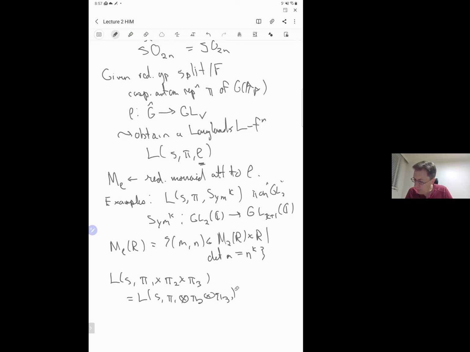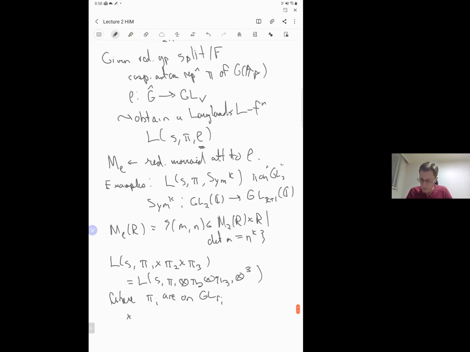This is like a three-copy Rankin-Selberg, if you've heard of the Rankin-Selberg L-function before, where the pi_i are on GL_{R_i}, and the tensor cubed is GL_{R_1}(C) cross GL_{R_2}(C) cross GL_{R_3}(C), mapping to GL_{R_1 R_2 R_3}(C).